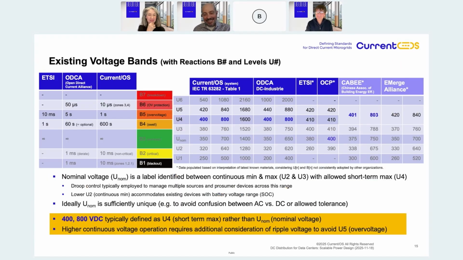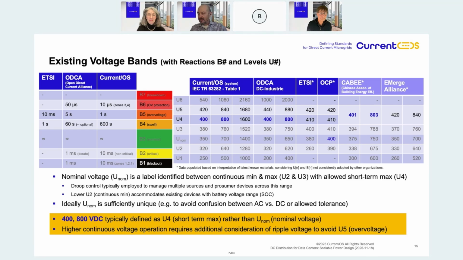So as you can see here, there is basically a split in the colored region of the middle of these two tables. The table on the left is reflecting the actual voltage bands with B numbers and the reaction times associated to those bands. On the right, what we have represented is the actual voltage levels, these U numbers.